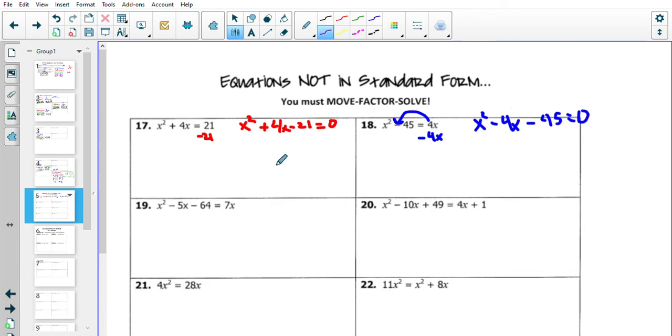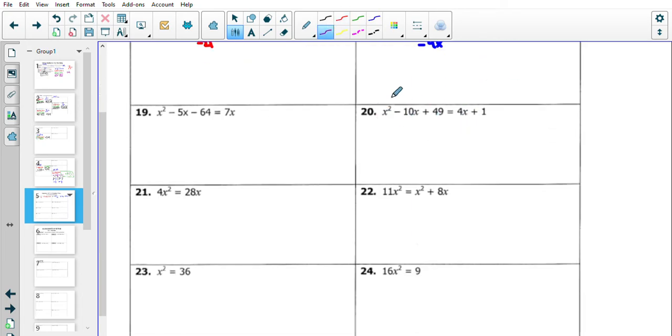All right, same thing here, let's look at number 20. Number 20, I have to move the 4x and the 1. Well, the 4x is going to be subtracted, and it has to be combined with the other value of x, that negative 10x. This positive 1 has to be subtracted, and it can only be subtracted from the constant of 49.